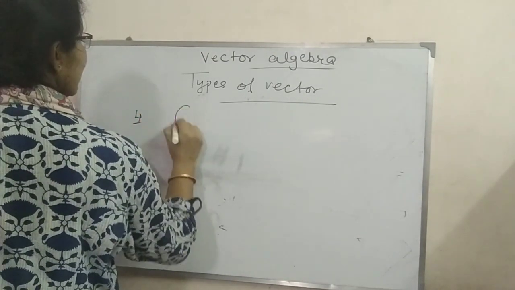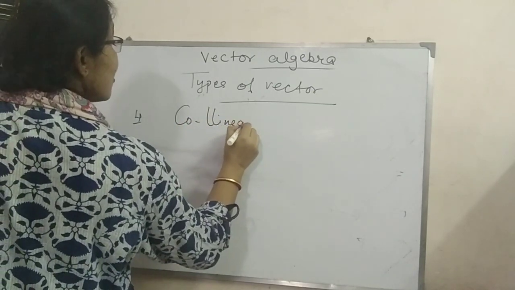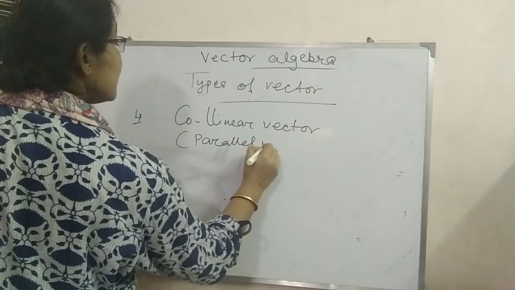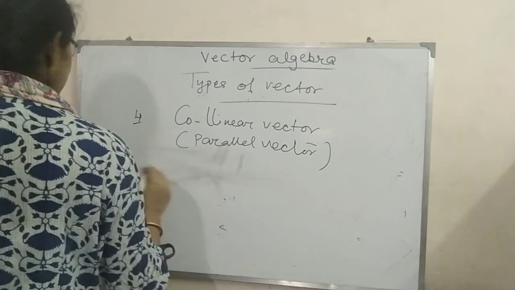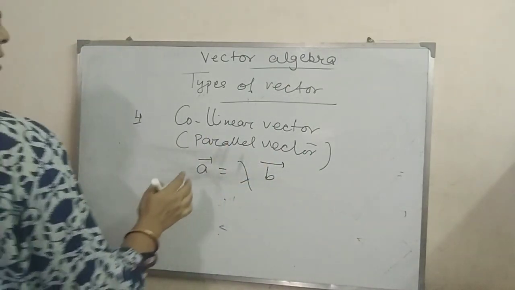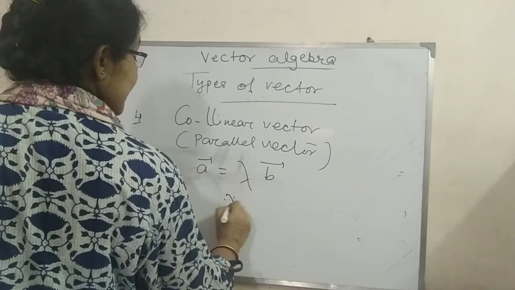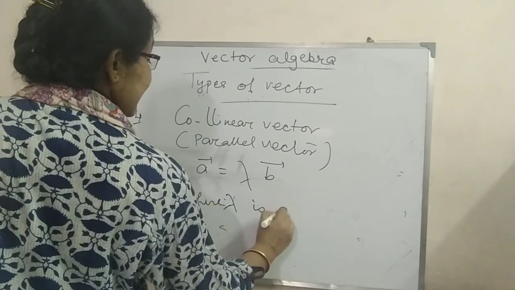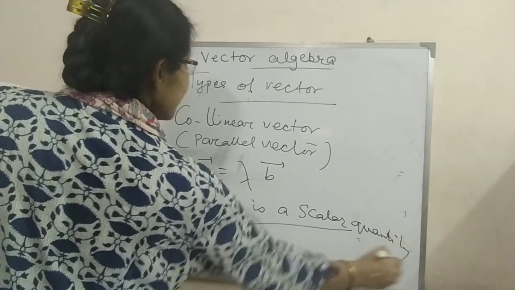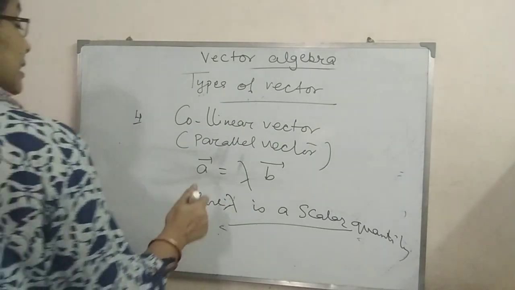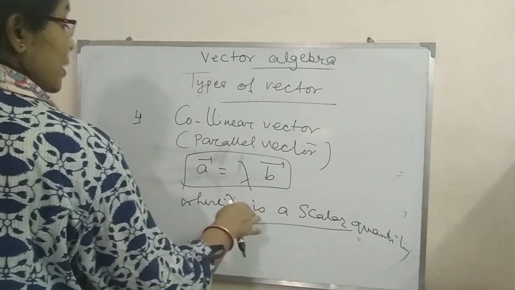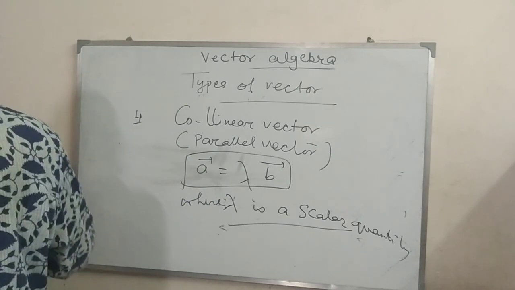Collinear vector or parallel vector. If one vector A is expressed in this way, A equals lambda B, where lambda is a scalar quantity, then this is the collinear vector or parallel vector.